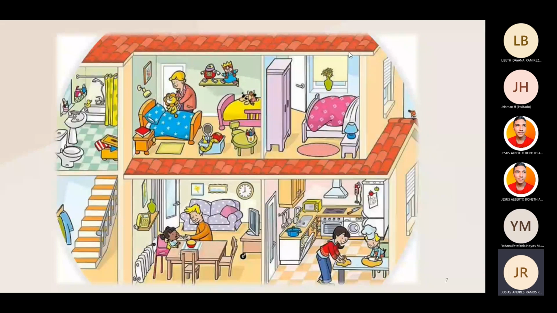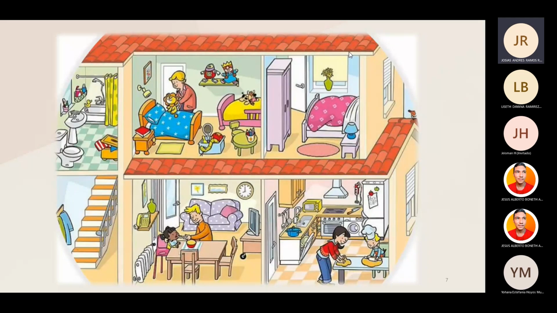Okay, I can see that on the first floor, the father is feeding his daughter. I can see a box with toys in it.